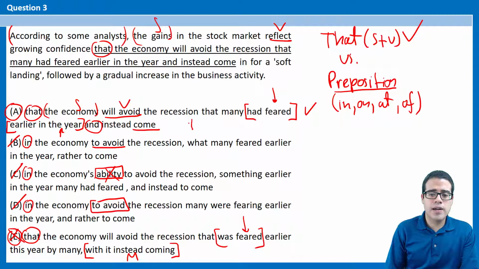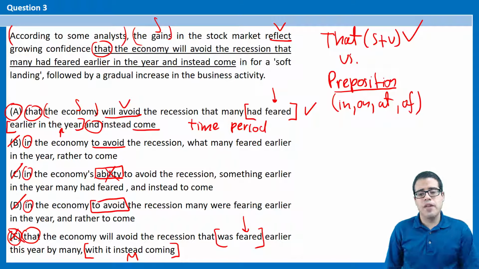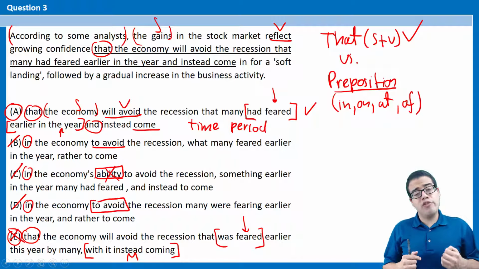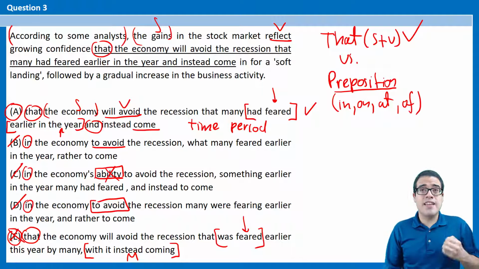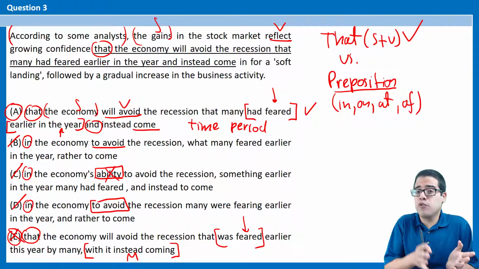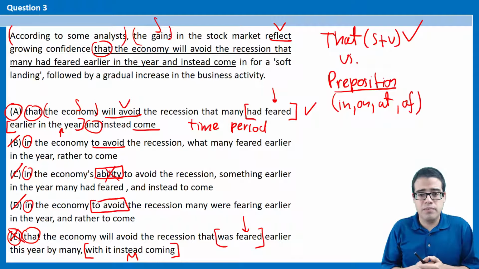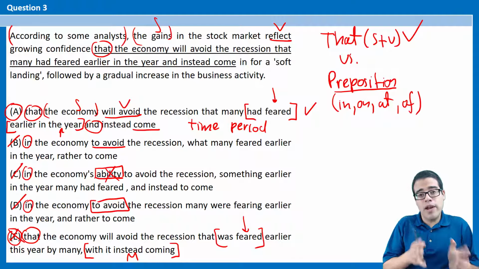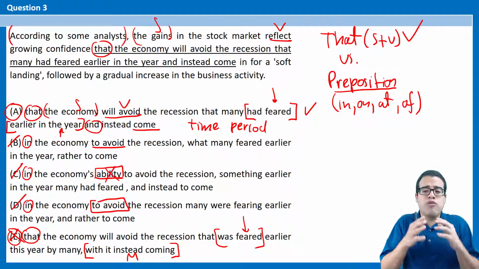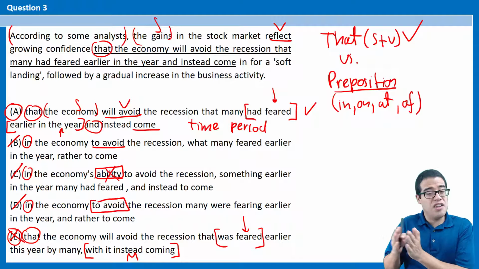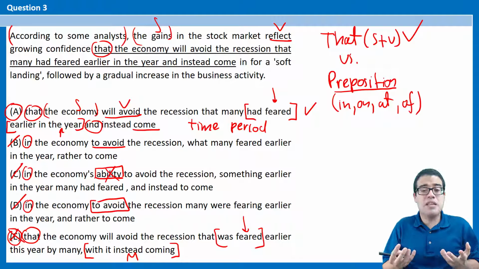It is a time period. So remember, you can use the past perfect to express the idea that something finished before another time period. In other words, many had feared the recession. When? Well, at some point before earlier in this year. Okay? That's what it means.